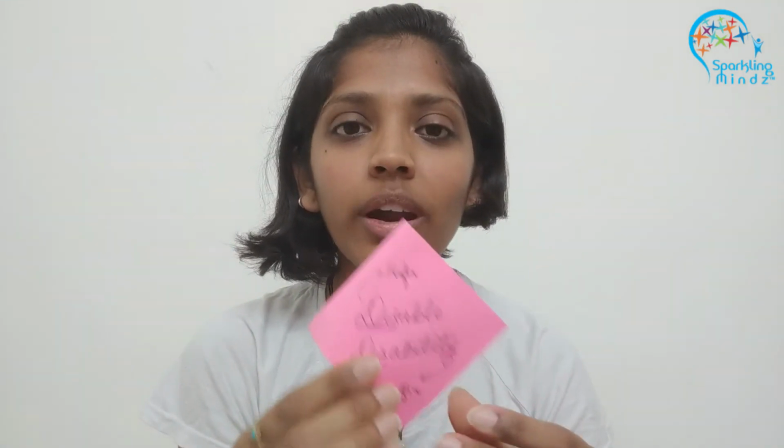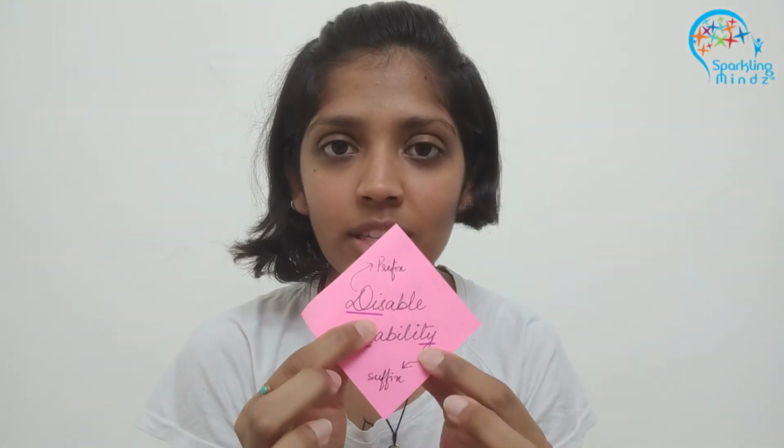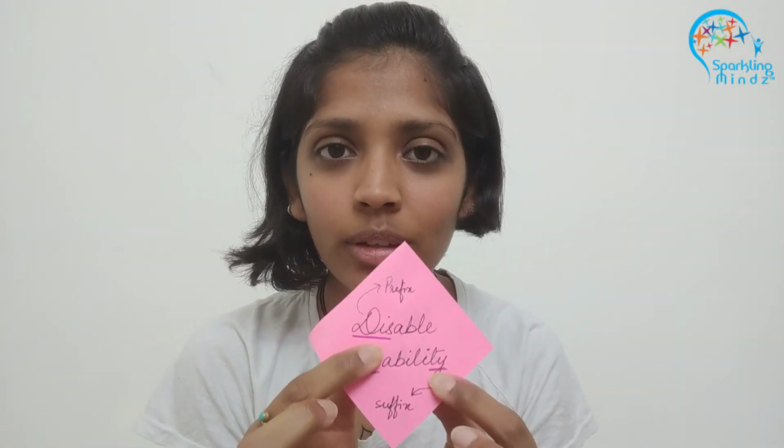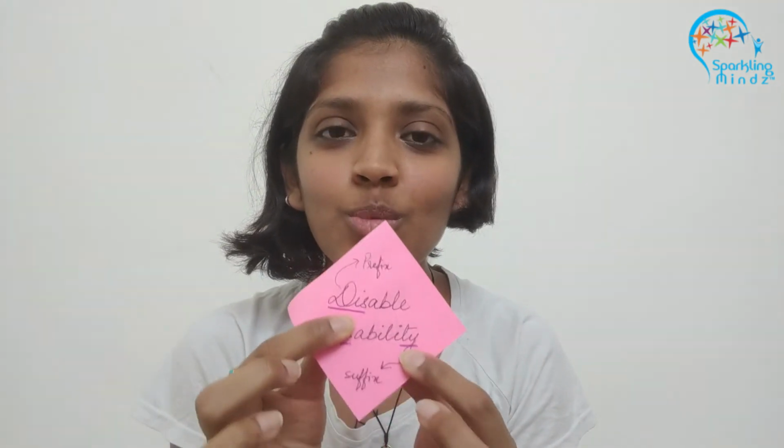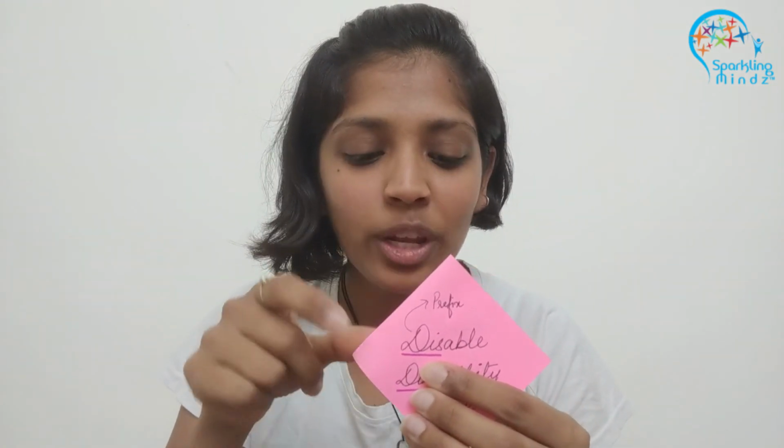What is changing? The only thing that's happening is we are adding something called prefixes and suffixes to the word able to morph it, to make it look different and mean different. So in the word disable, you see dis, which is the prefix, and dis means to reverse. So when you reverse the ability, you're disabling, right?